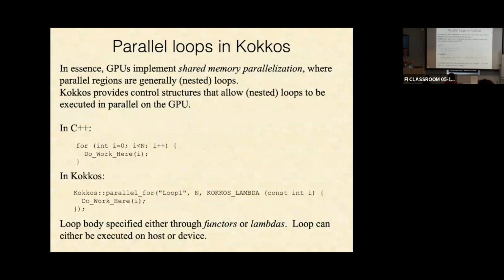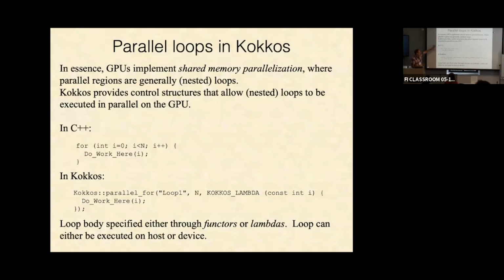The most important thing about a GPU is it's basically a SIMD device. It's basically a shared memory parallel machine, which might have thousands of threads that are able to do work simultaneously. The most common structure that uses shared memory parallelization is nested for loops, or even just a single for loop.